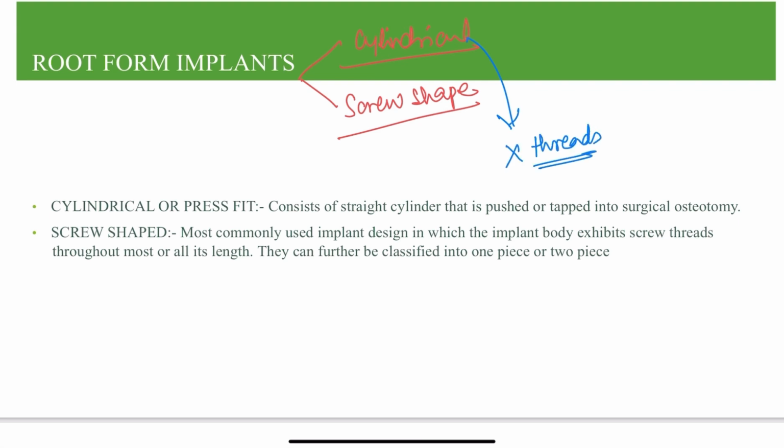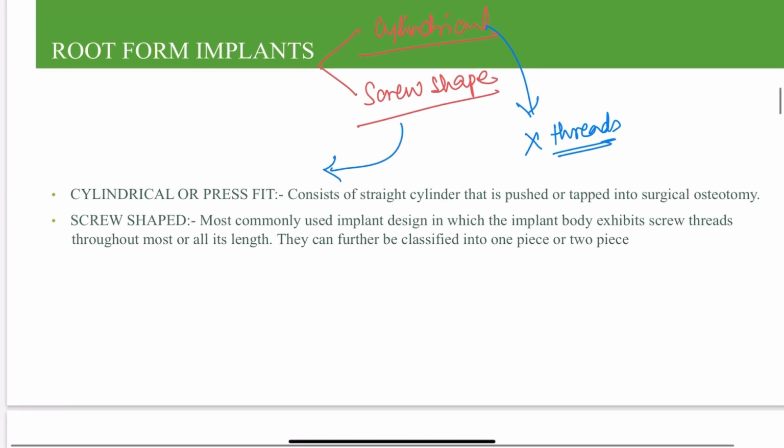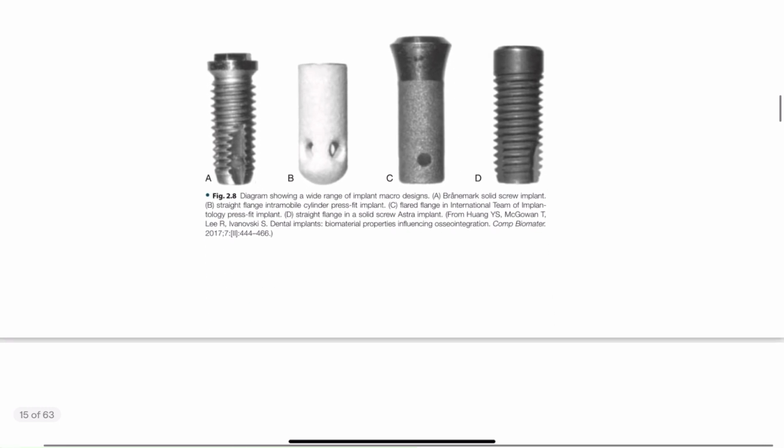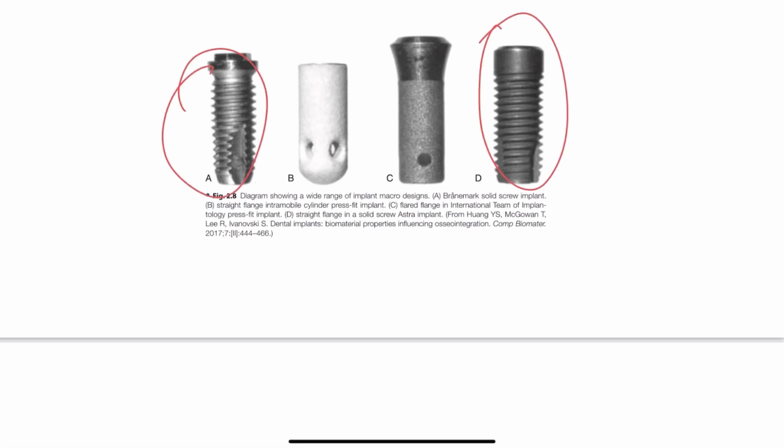Screw shape implants would have threads. So this is the basic difference between the designs. Here we can see this one is screw shape, this one is screw shape, and the middle two are cylindrical design. There are no threads.